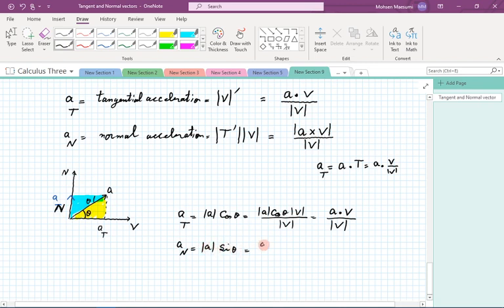Again, I do the same thing. I multiply by length of V divided by that length of V. What is length of a vector times length of another vector times sine of the angle between the two of them? Well, that's the length of the cross product of those two. So A cross V, all of that divided by speed, is going to give us the formula for A sub N.